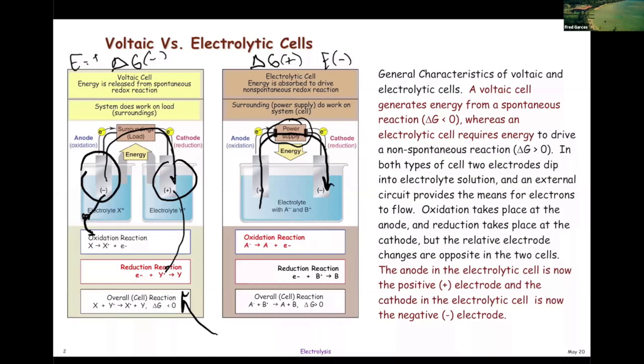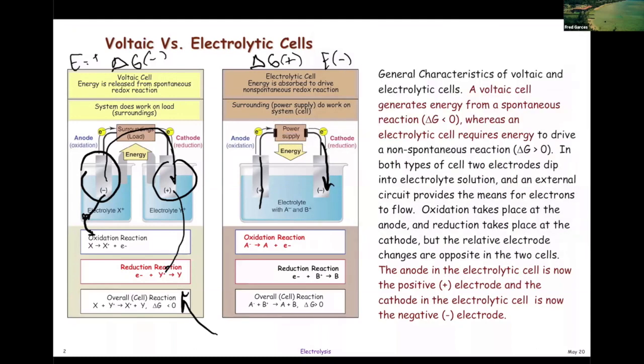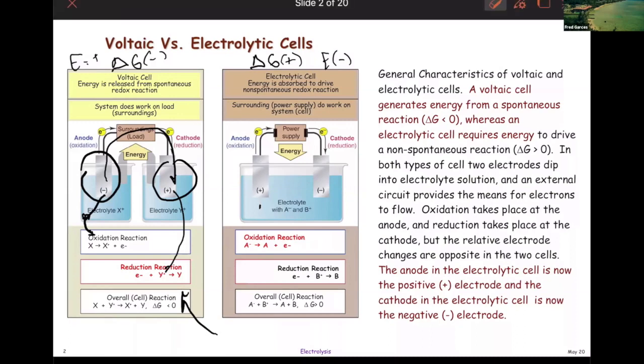Because you have an electron pump, that means that the battery has to attract the electrons and then push the electrons. So what's going on here is that the battery is going to be positive at this end, negative at this end. It's going to pull the electrons here and pump the electrons there.